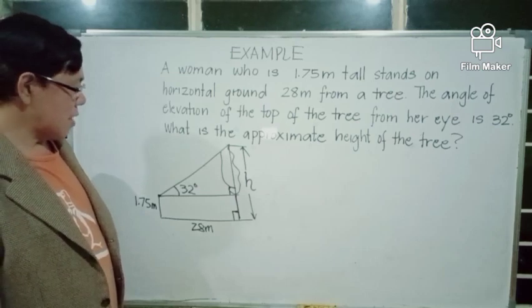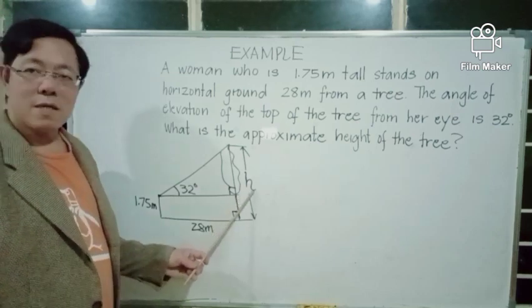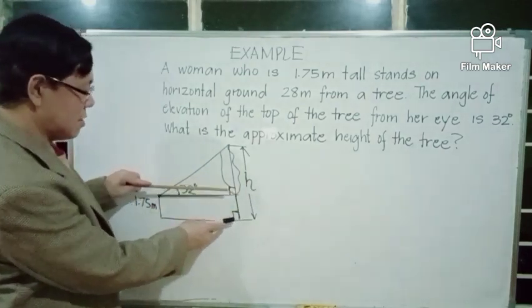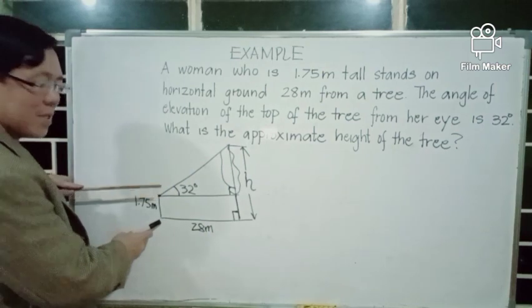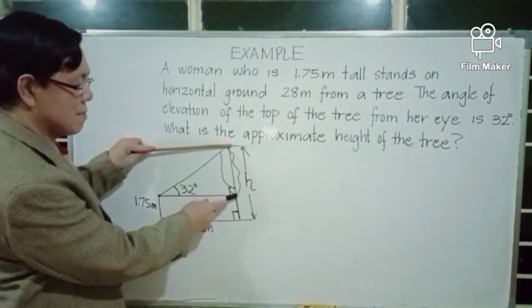You can see that the height of the tree is equal to this distance, which is 1.75 meters, plus this distance.